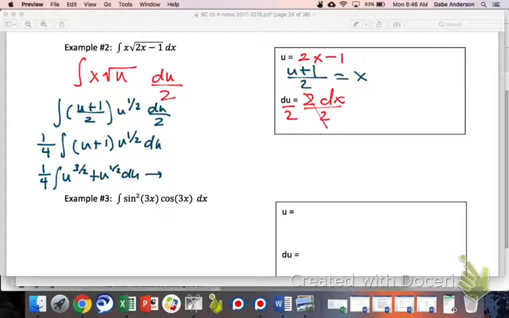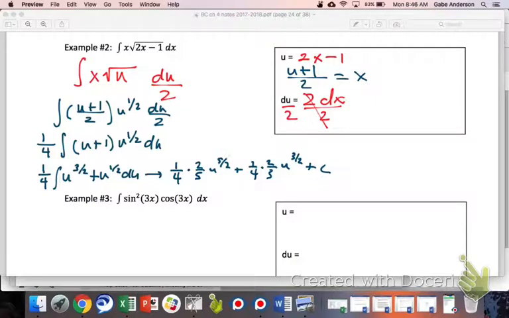So let's do that. So let's see here. It's going to be 1/4 times 2/5 u to the 5/2 plus 1/4 times 2/3 u to the 3/2 plus c. I'm actually going to break a little rule here and go up now.